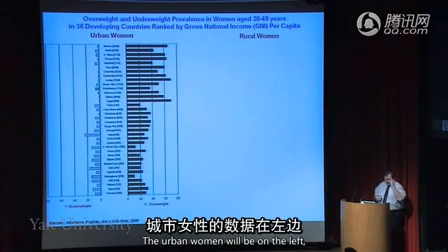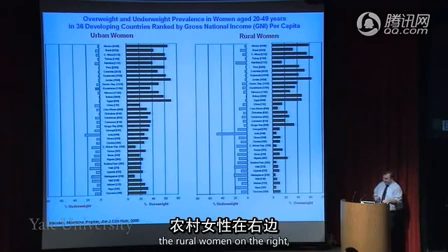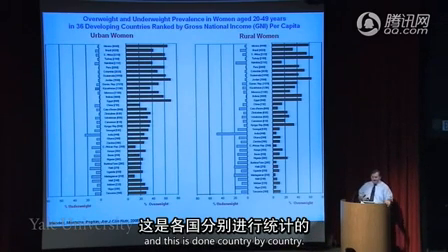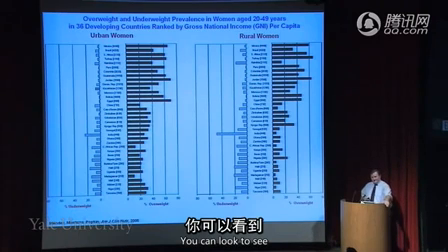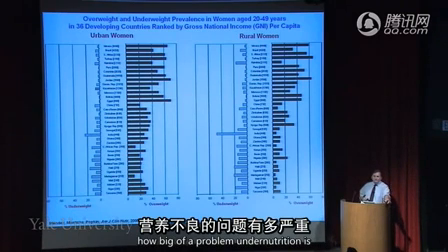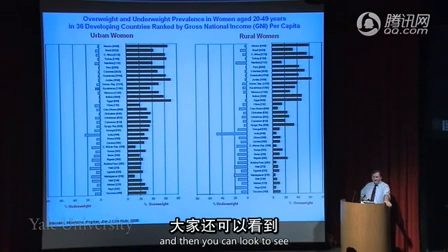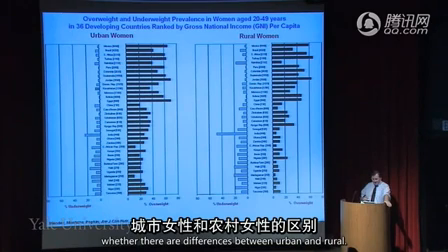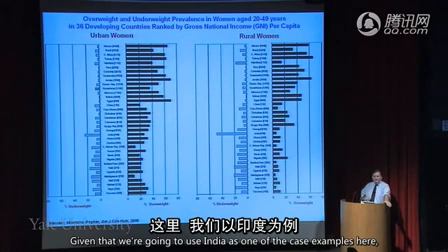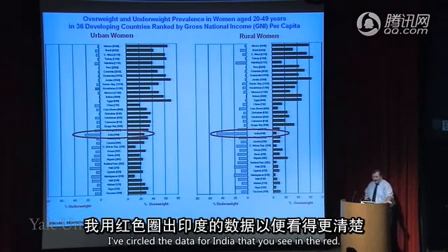So the urban women will be on the left, the rural women on the right, and this is done country by country. So you can look to see how big of a problem undernutrition is and overnutrition is within a given country, and then you can look to see whether there are differences between urban and rural. And given that we're going to use India as one of the case examples here, I've circled the data for India that you see in the red.